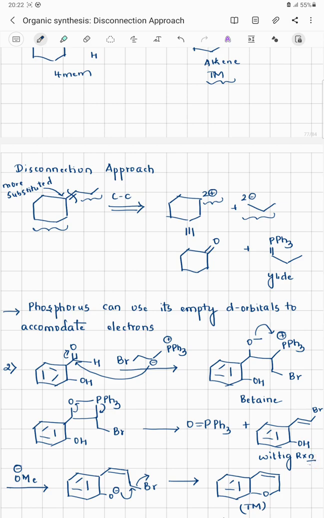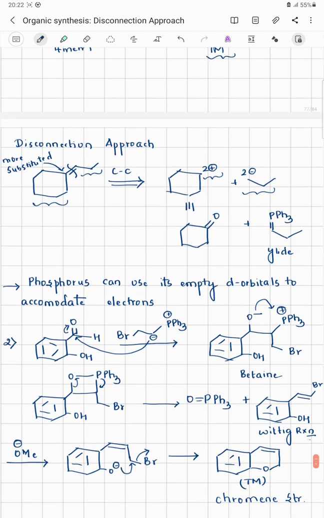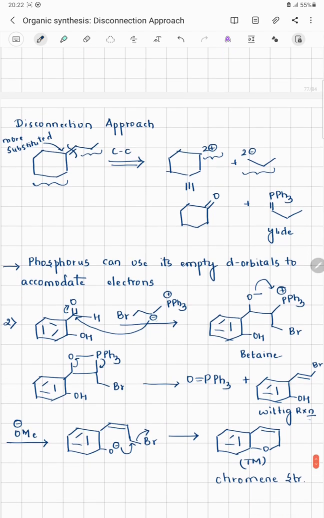Now when I look at various examples making use of this Wittig type of reaction and undergoing a retro-Wittig reaction, I can observe that there is a substituted phosphonium ylide and there is a carbonyl carbon. Now this is an aldehydic system. This ortho-hydroxybenzaldehyde reacts with this phosphonium ylide.